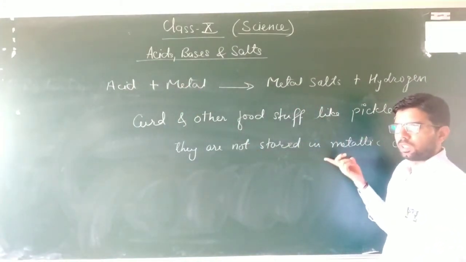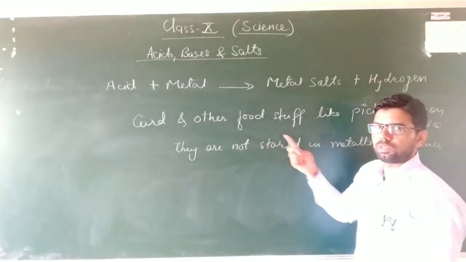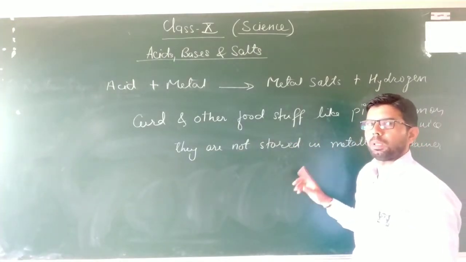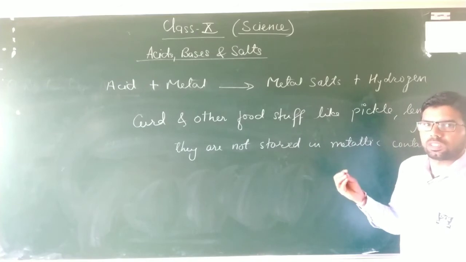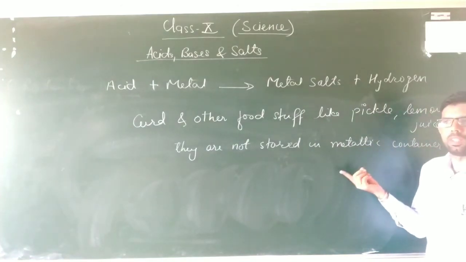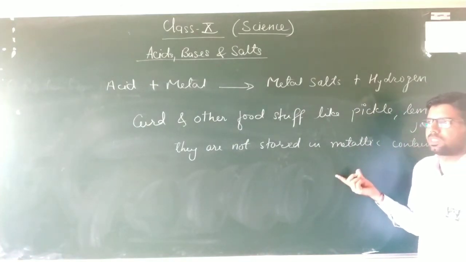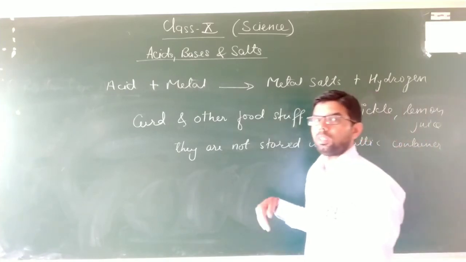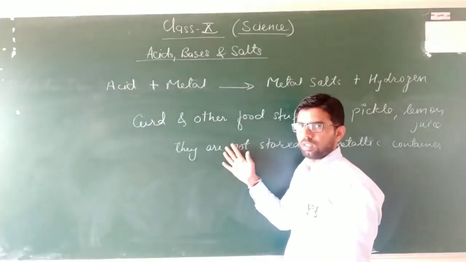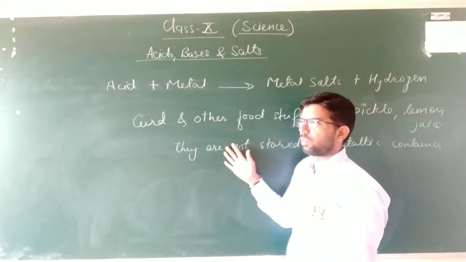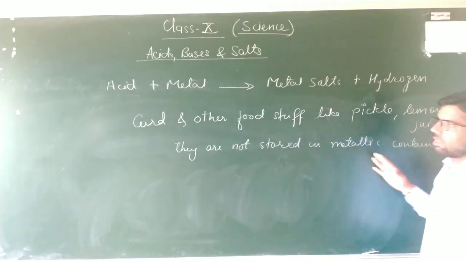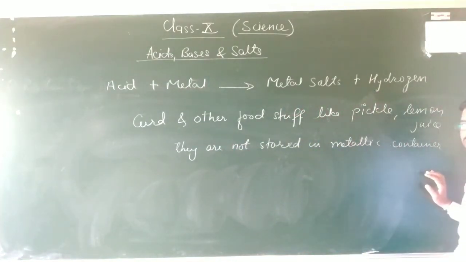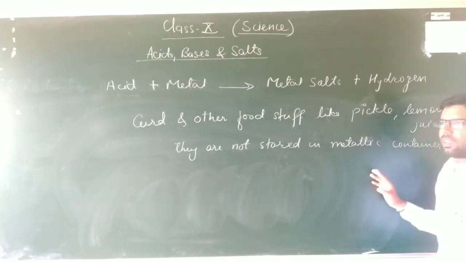If we do this, they both will react, and it may be possible that some poisonous material is formed from that reaction and will harm our health. So it is not possible to store curd, pickle or lemon juice in a metallic container.